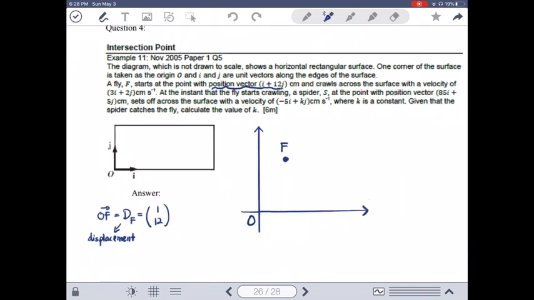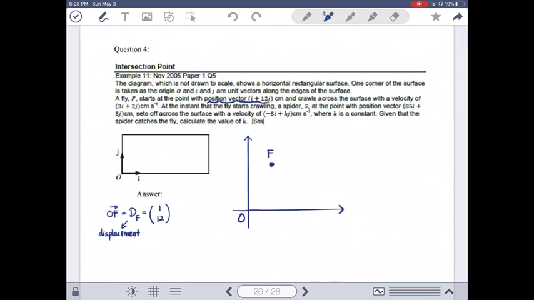In terms of column vectors, it crawls across the surface with a velocity of 3i plus 2j. That means the fly moves right and up, something like that.